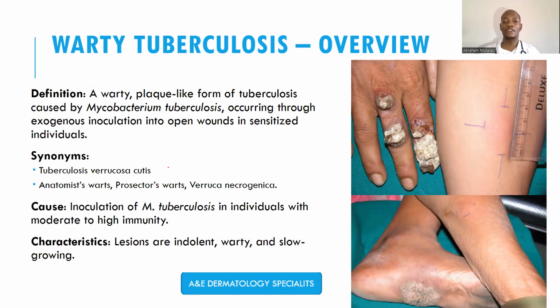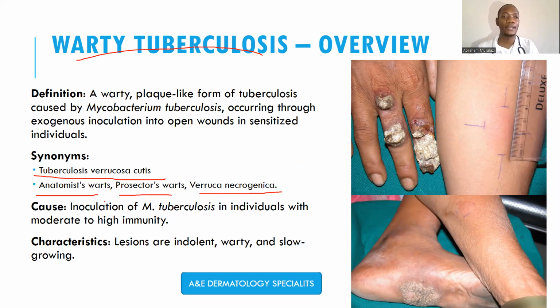So looking at the different variants that can occur in someone with very good immunity, or if someone was vaccinated and they're not a naive host, the first one is the wart-like tuberculosis, which is also called tuberculosis verrucosa cutis, or anatomist's wart, also called prosector's wart, or even verruca necrogenica.